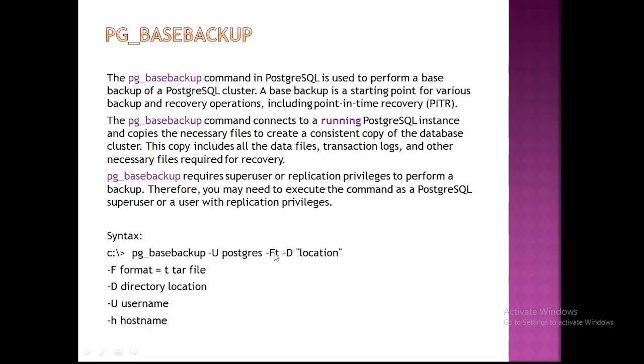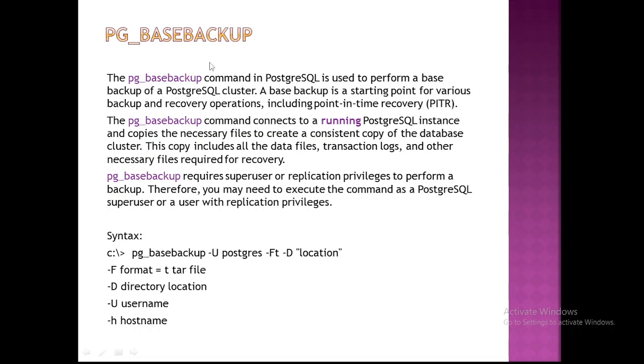So with -F t, I'm showing that I'm going to take the tar backup of the base backup, and then -D, capital D, and then the location of the file. This is how we take the backup.